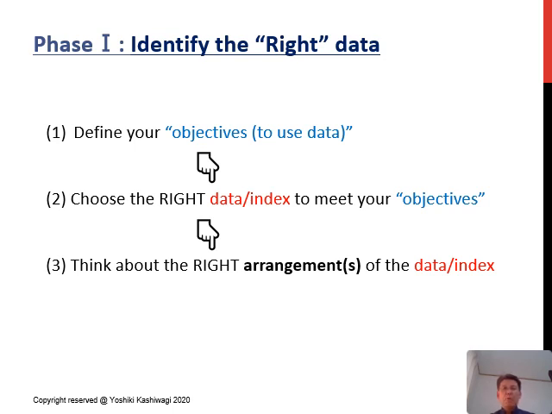And then, once you have the definition of your objective, what is your goal, what you would like to know, then you choose the right data or index to meet your objective. Then, this is today's topic: think about the right arrangement to make for the data or index you choose.